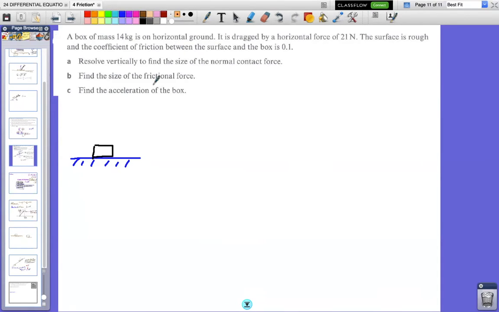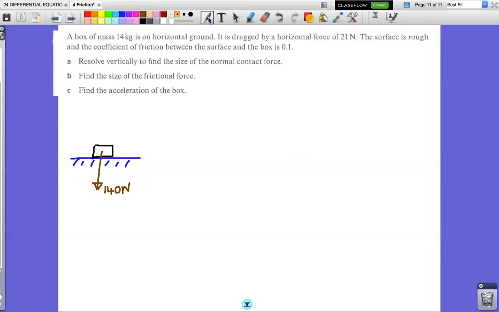So there must be a force here, mg, which is 140 newtons. It is dragged by a horizontal force of 21 newtons. So there is a horizontal force, and that force is 21 newtons.